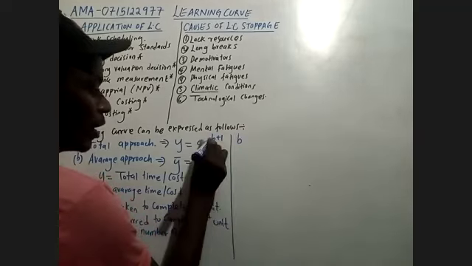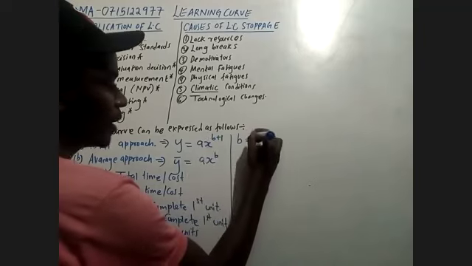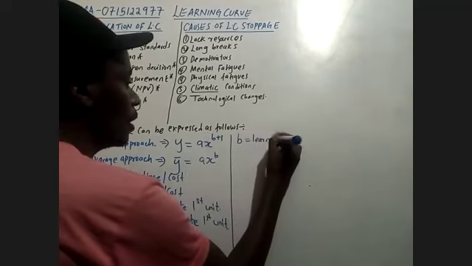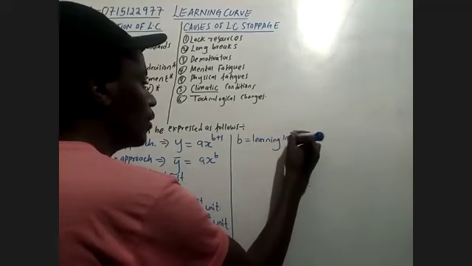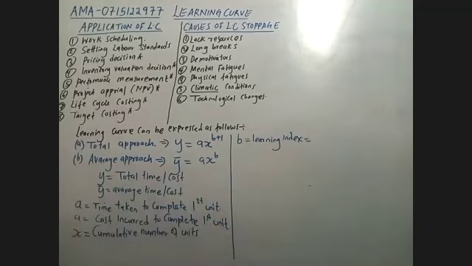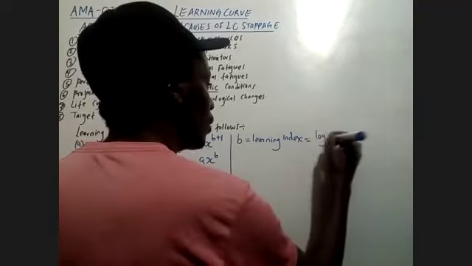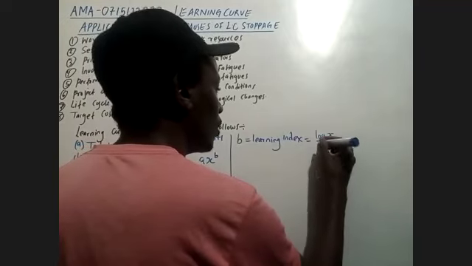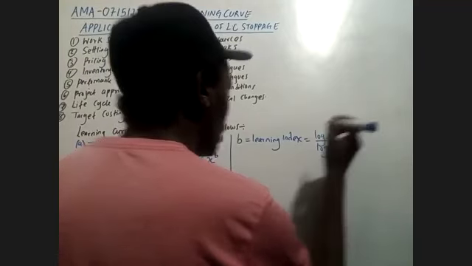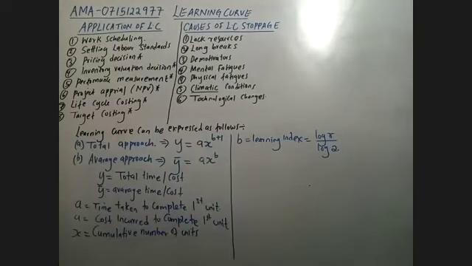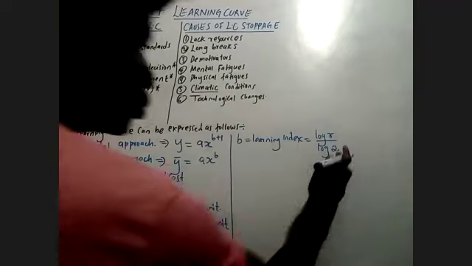Now, this b, unaiona hapa na nyingine hapa juu, is called the learning index. Now, how do you get the learning index? The learning index is a log of R over log 2.